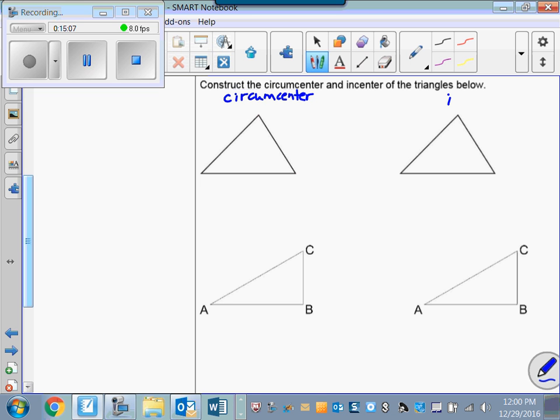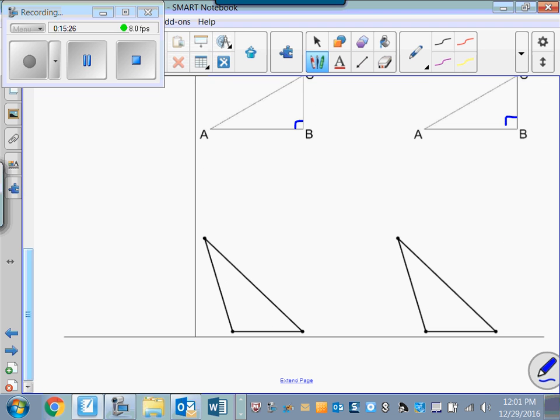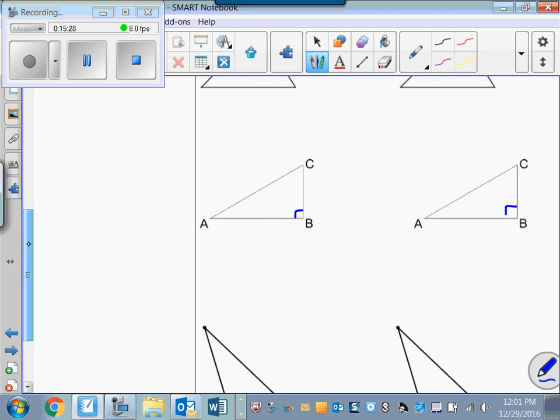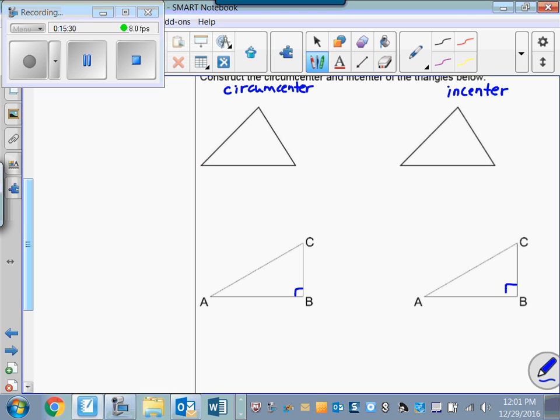Do the incenters on this side. And I want you to see what you find out. These are right triangles right here, I should point out. So what you've got are acute triangles, right triangles, and obtuse triangles. And I want you to verify for me what I told you about.